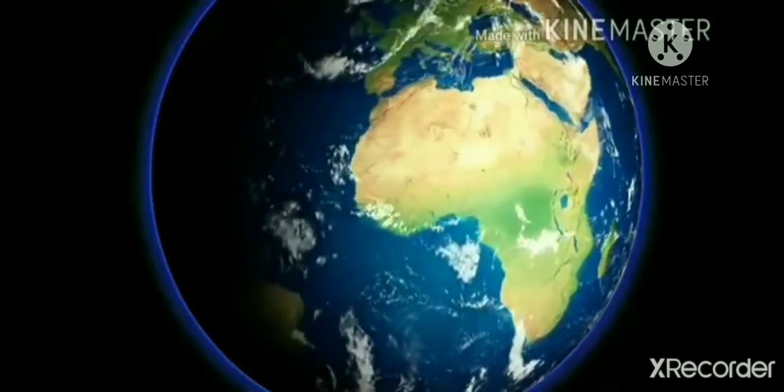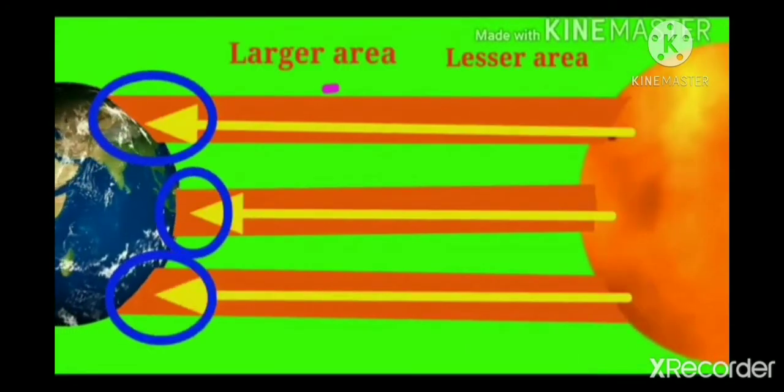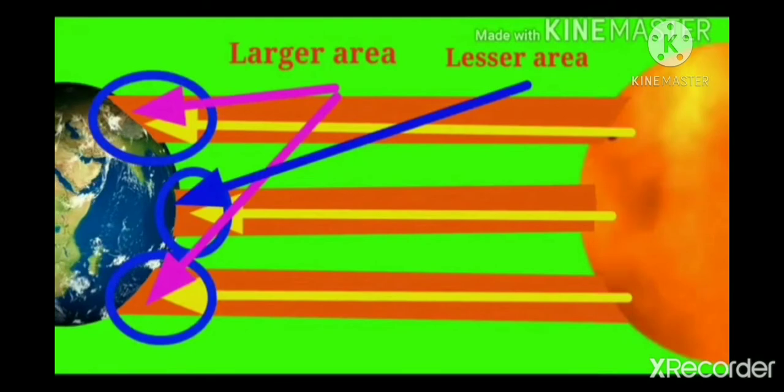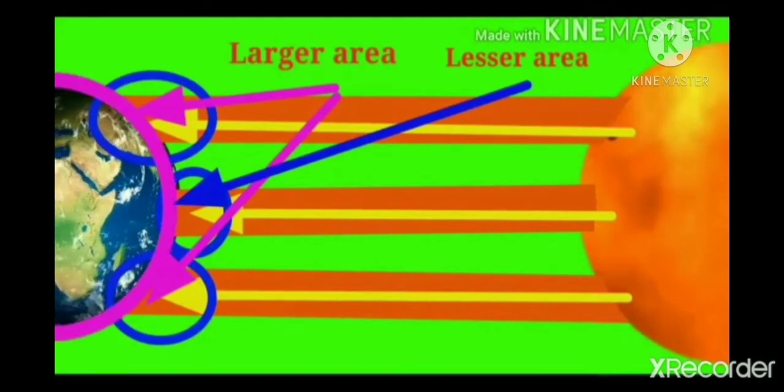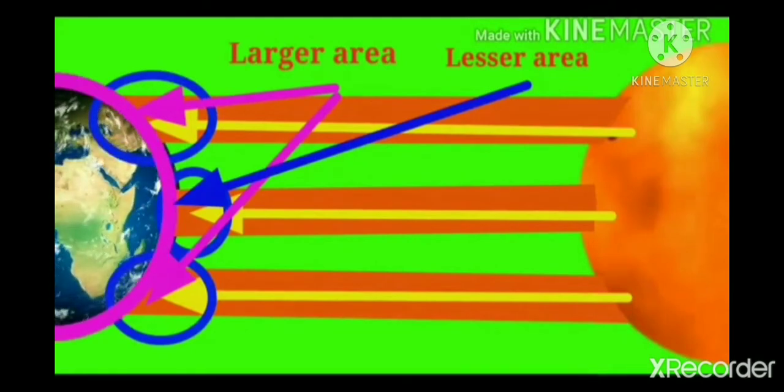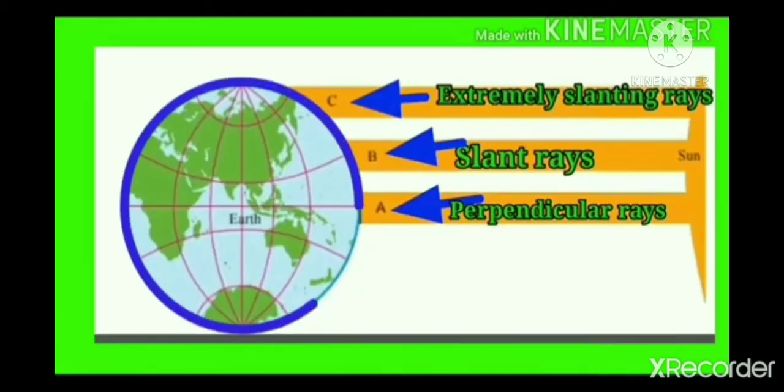The sun rays falling on the earth are parallel to each other. However, we have seen that the spherical shape of the earth and the resultant curvature of the surface cause rays to occupy a larger or lesser area.